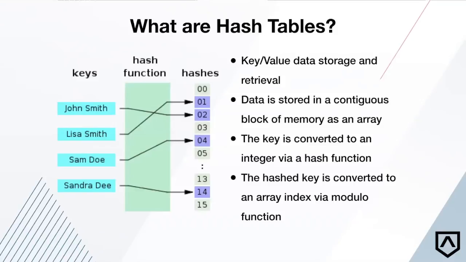He gets run through a hash function. It turns into 2. And then the value associated with the John Smith key gets put into this number 2 bucket in our hash array. Same with Lisa Smith. Lisa Smith, the string, gets run through the hash function. It becomes 1. And then 1 is where our value is stored. And that's basically it.